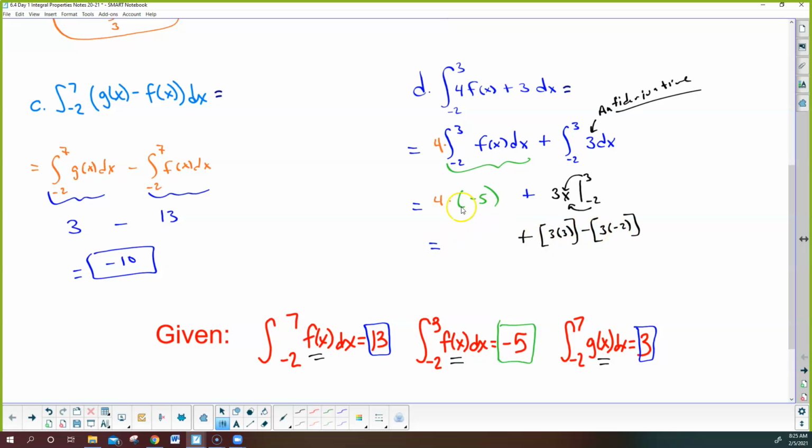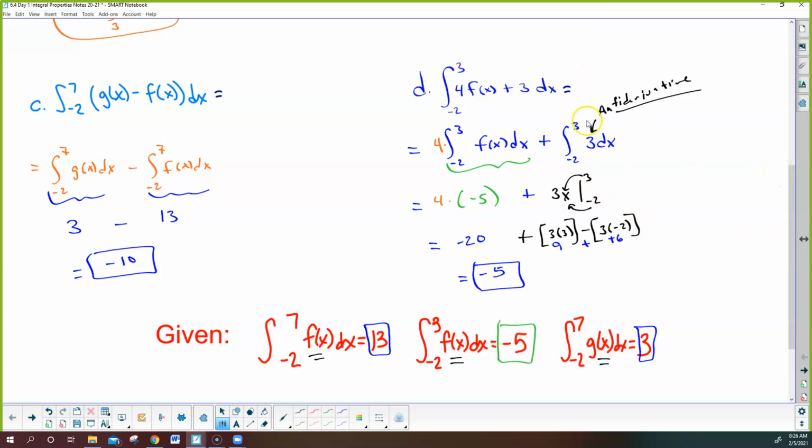Okay? And then I can simplify this. We know 4 times negative 5 is negative 20. I know this will be 9 minus 6, but it's subtraction of a negative, so it's actually addition. And then we get 15. 15 plus negative 20 ends up being the overall answer, negative 5.